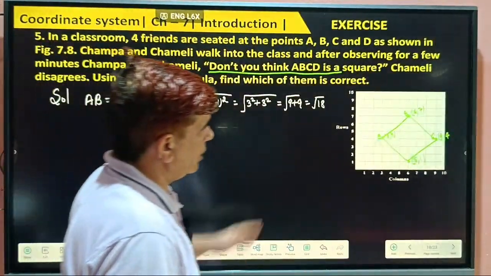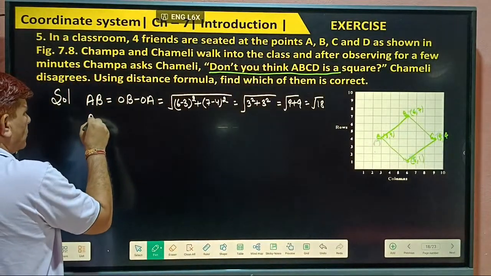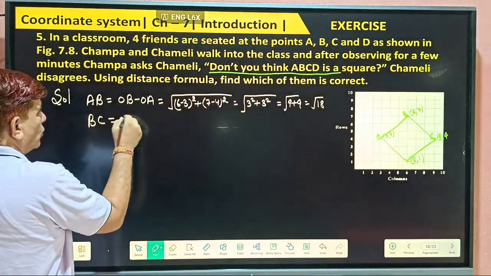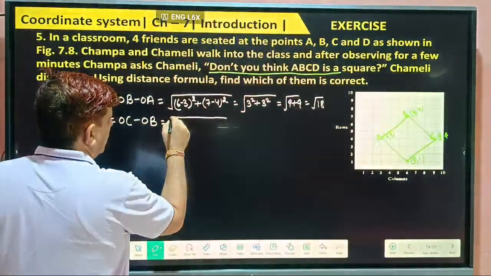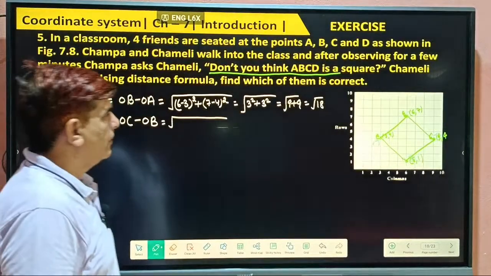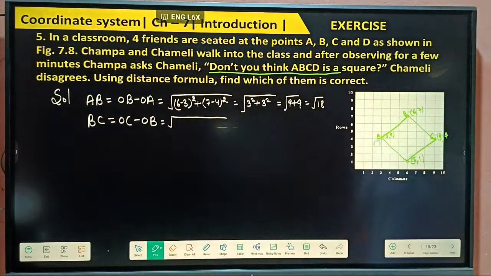Now we find BC, again using the distance formula. What are the coordinates of C? 9 and 4.